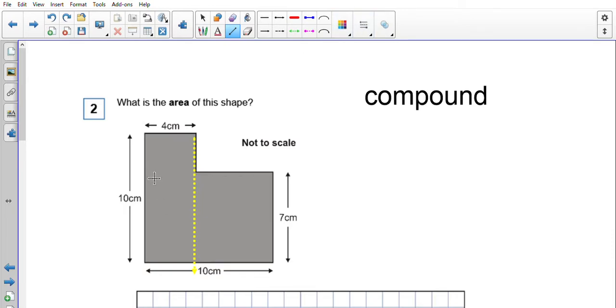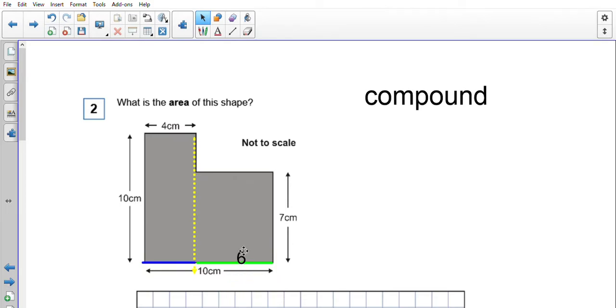Because this length here is 4 centimeters, and that's going to be the same as down here, which is 10 centimeters, whatever we have left over on the next side is going to be the difference between 4 and 10. So I know that that side there is actually going to be 6 centimeters.